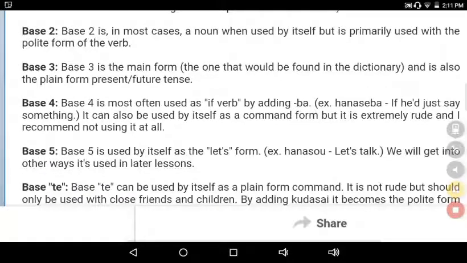Base 2 is in most cases a noun when used by itself, but is primarily used for the polite form of the verb. Base 3 is the main form, the one that would be found in the dictionary, and is also the plain form present future tense.